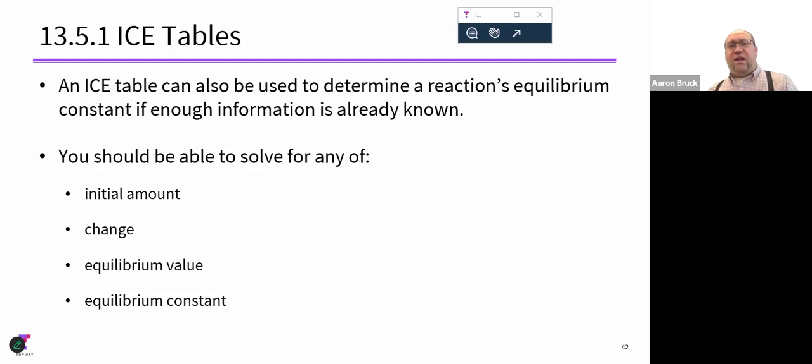What we always want to look for is, out of an ice table, we need to know a certain number of things. We need to be able to calculate any value of I, C, or E. We also need to be able to calculate the equilibrium constant. But here's the thing: I can't calculate any one of those without knowing the other three.